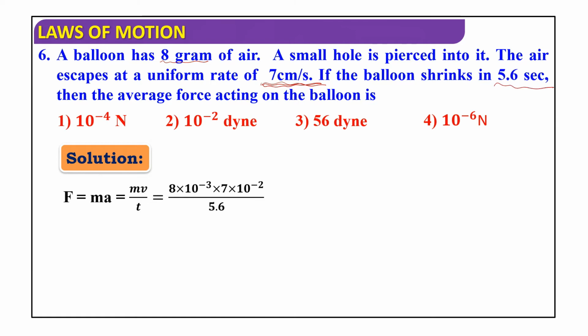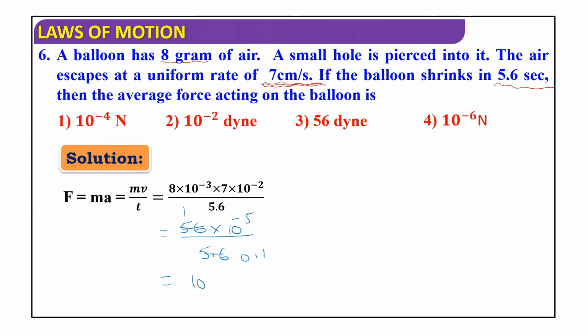So 8 into 7 is 56 into 10 to the power of minus 5 by 5.6. Here 56 by 5.6 is 10. So this is 10 to the power of minus 5.